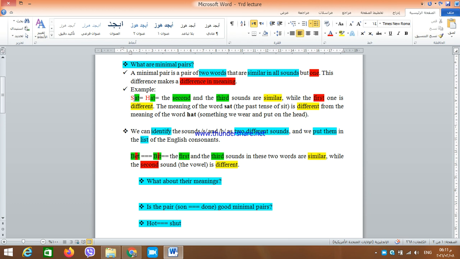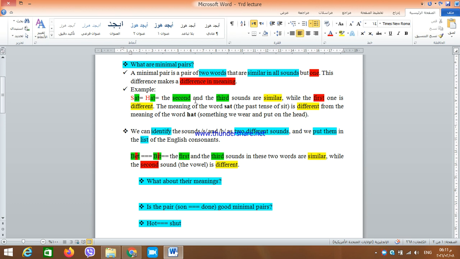The word sat means jalasa in Arabic. It is the past tense of sit. And hat means qubba. So the meanings of these two words are different. Okay? So we have two words that are similar in all sounds except one that is different, and this difference causes a difference in meaning.